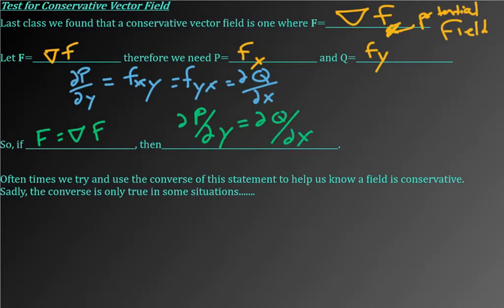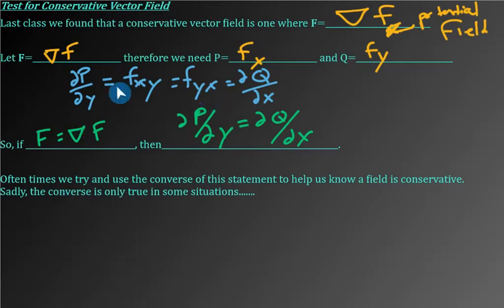Now what we really want is actually to flip this whole thing around. We would love it if we could do this basically as an if and only if statement. So if conservative, then this happens, and if this happens, then conservative. And sadly, that's not exactly true.